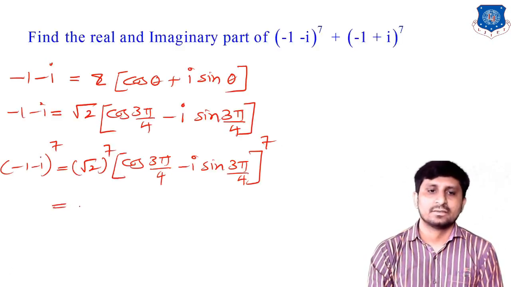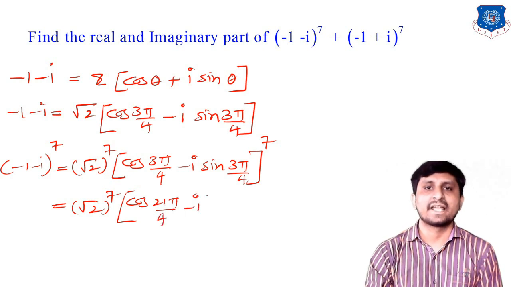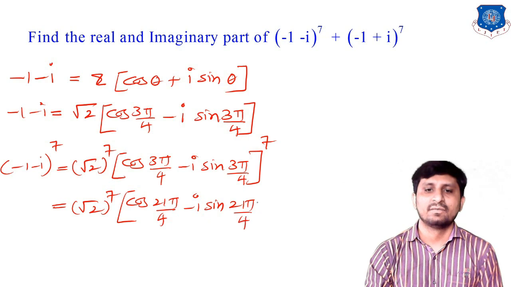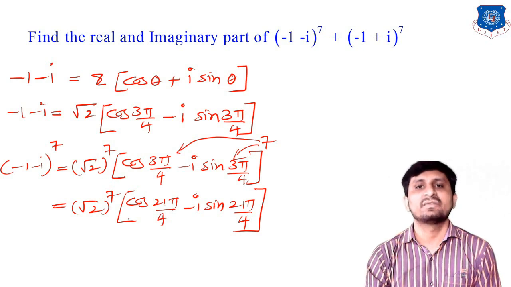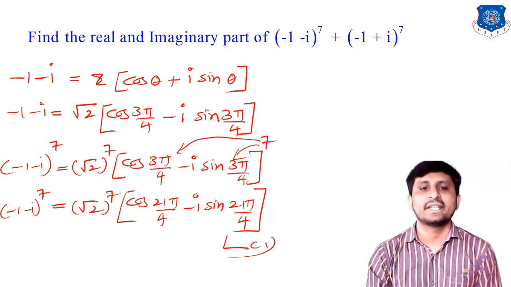So that's why root 2 raised to 7 cos 21 pi by 4 minus i sin 21 pi by 4 using de Moivre's theorem, okay. This 7 you can multiply with the angle 3 pi by 4, so 3 pi by 4 into 7 is 21 pi by 4. So minus 1 minus i raised to 7, we can call it equation number 1.